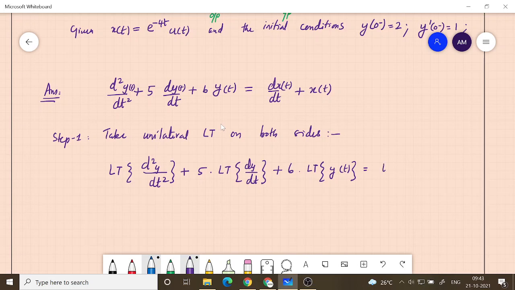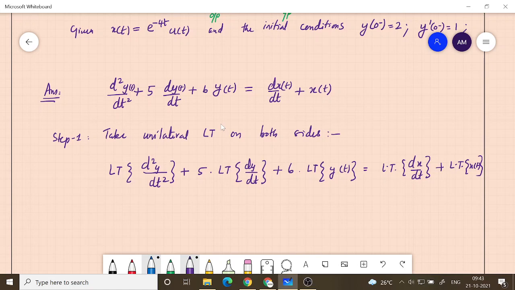So this is equal to the Laplace transform of dx by dt, and then plus the Laplace transform of x of t. Okay, because the Laplace transform is a linear operation, I am taking the constant outside. That's all what I have done.